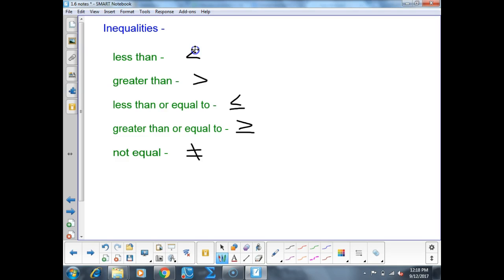Now, the kicker with the inequalities is that I could write this down: X is less than 4.